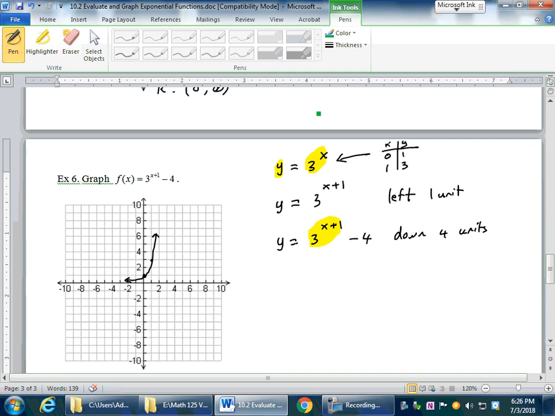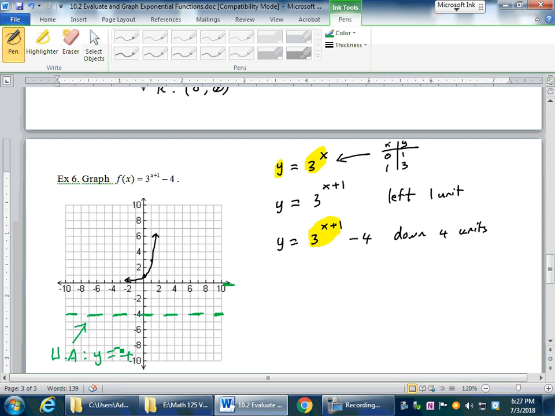Now it shifts down 4 units, so therefore my horizontal asymptote will become y equal to negative 4. So it will be this line right here. The graph cannot pass through this horizontal asymptote, y equal to negative 4.